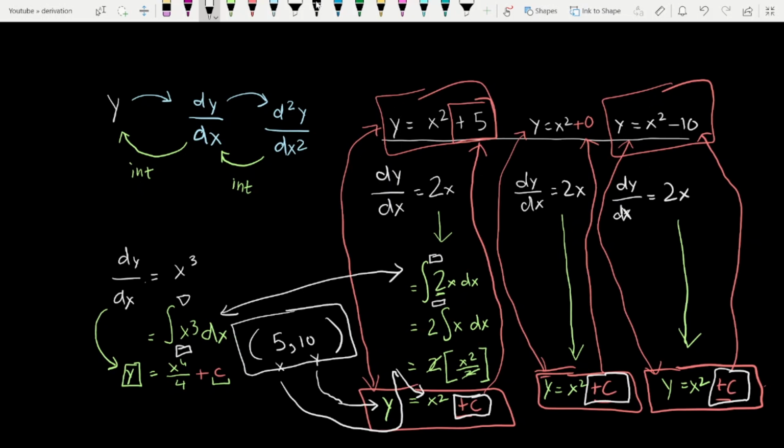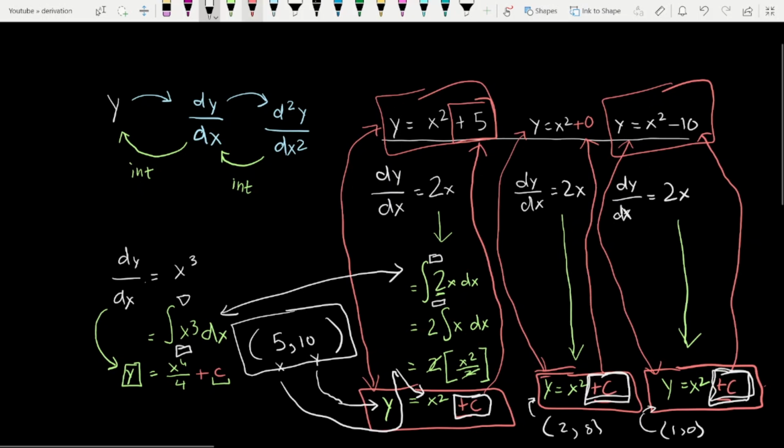In your exams, you're going to be given the right points. Maybe it's 2, 8 for this equation, and maybe 1, 0 for that one. You chuck these points in and you get that plus c, and that's how you get your constant back.